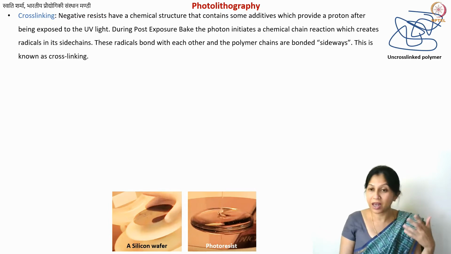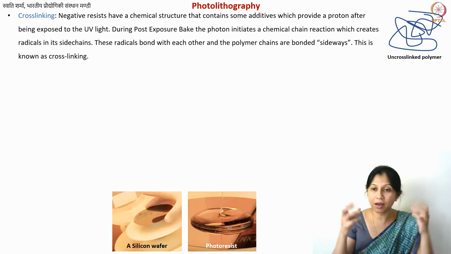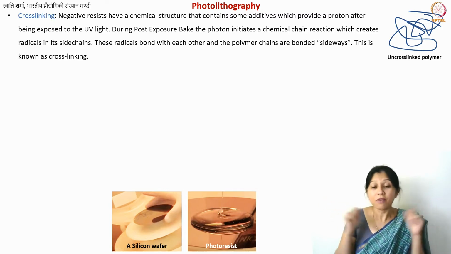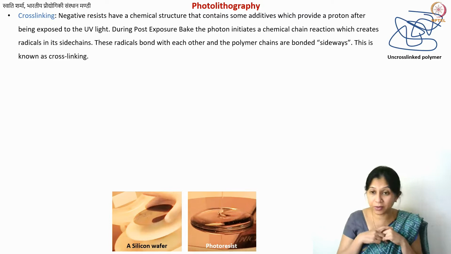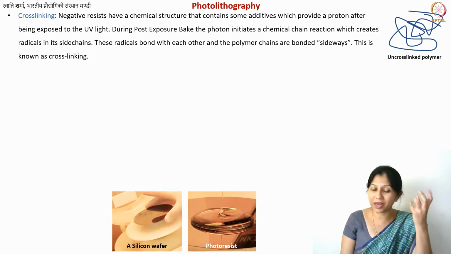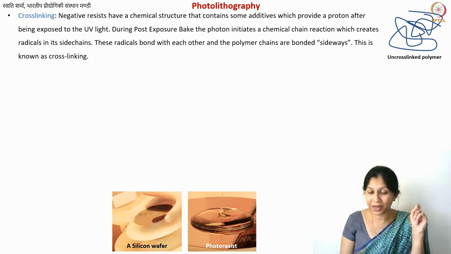Because of this, your epoxy bonds will continue to open. These were on the sides of your polymer molecule. Now, when this epoxy bond opens, where the epoxy opened, you have a functional group that is a radical. Radical means it has an unpaired electron, so it can form a bond.